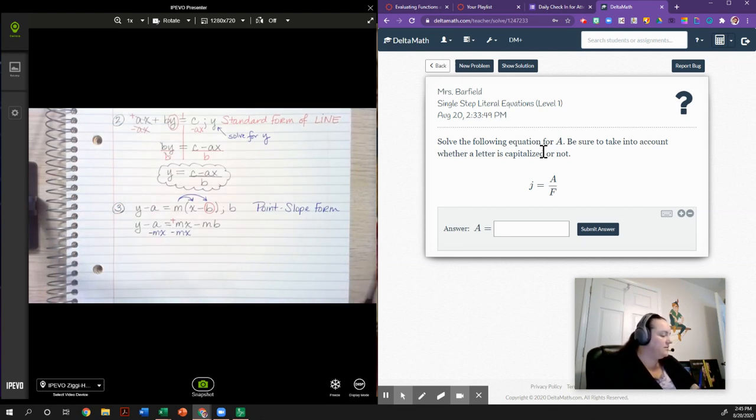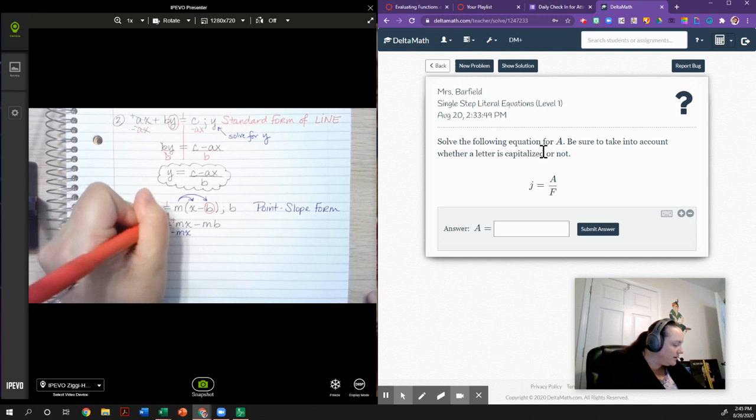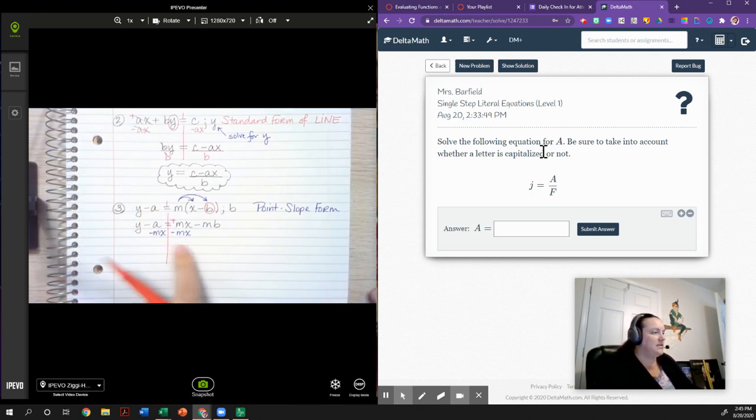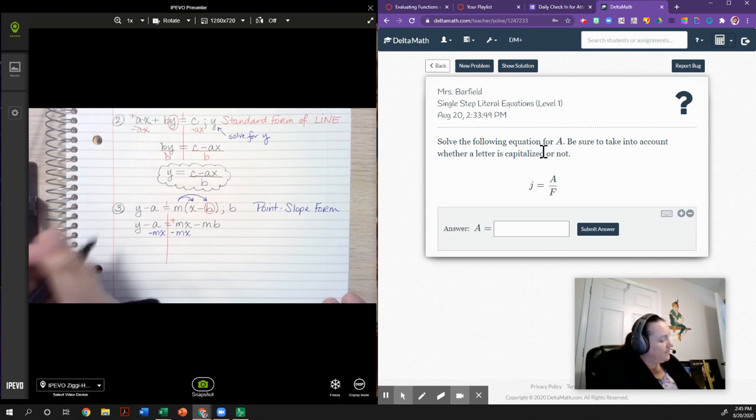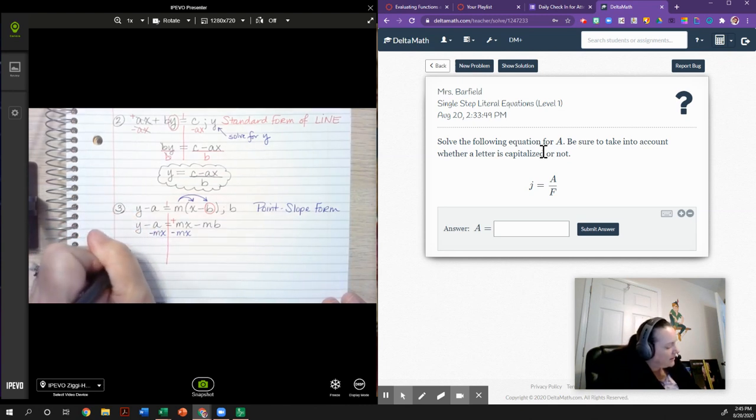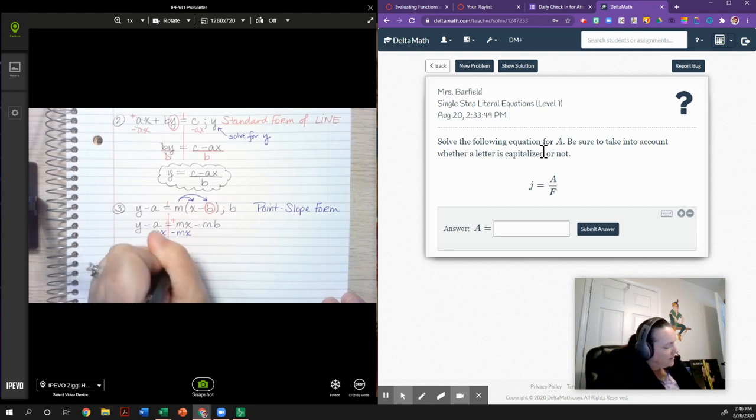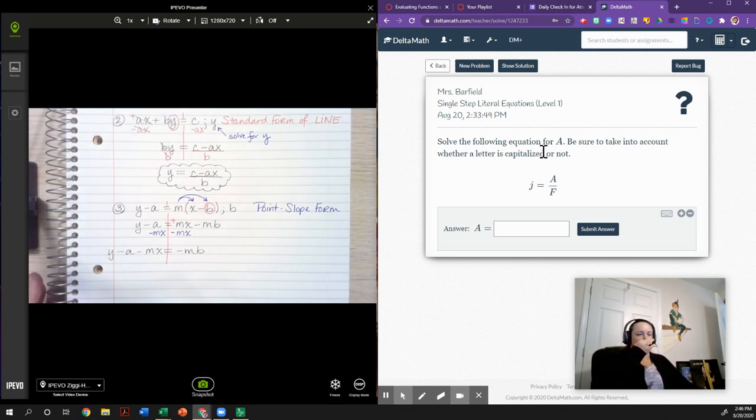Okay, so you can see that I've subtracted mx from both sides. Now it's going to look a little weird, but it's okay. We've done it right. Y minus a minus mx equals negative mb.